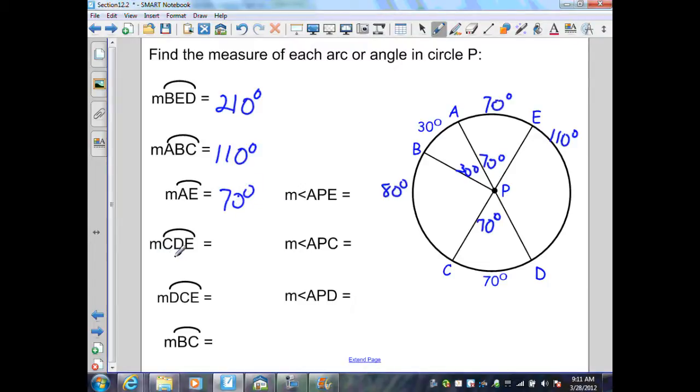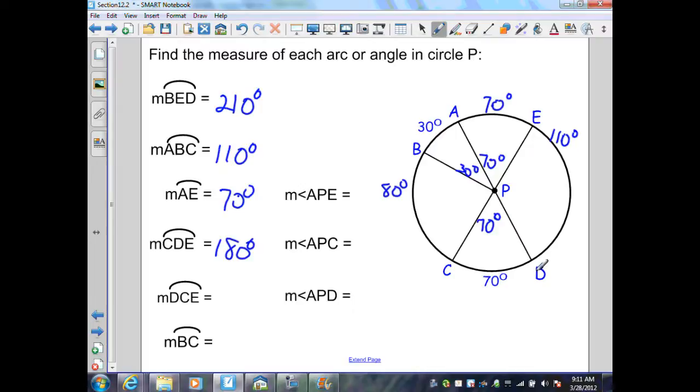The measure of arc CDE, here, CDE, is made up of two adjacent arcs by the arc addition postulate. 110 and 70 makes this a semicircle, which is 180 degrees. Measure of arc DCE, DCE, is the sum of all the arcs except for arc ED.